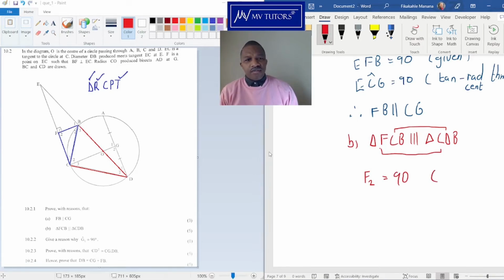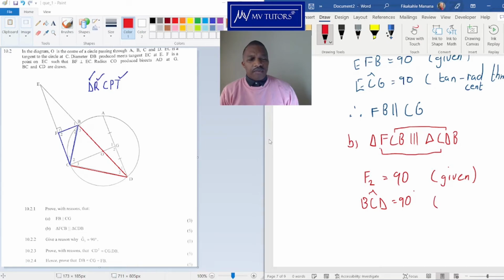Why? It's given, because it follows that if F1 is 90 degrees, then F2 will also be 90 degrees. And then we can say angle BCD is equal to 90 degrees.